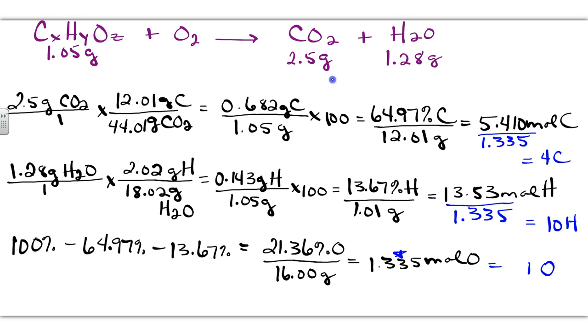So our formula is C4H10O, and that's our empirical formula. We'd have to be given the molecular weight of this compound in order to determine the molecular formula, so for now we'll just stop at the empirical formula.